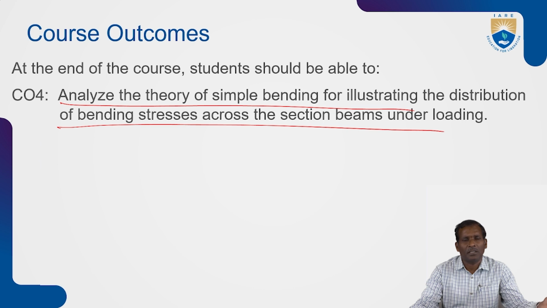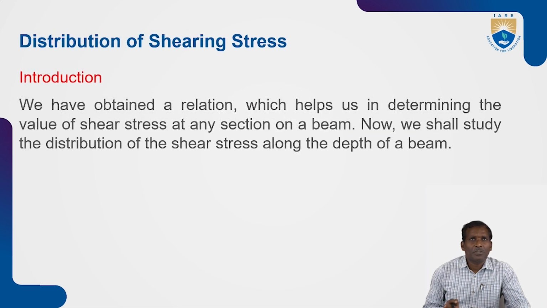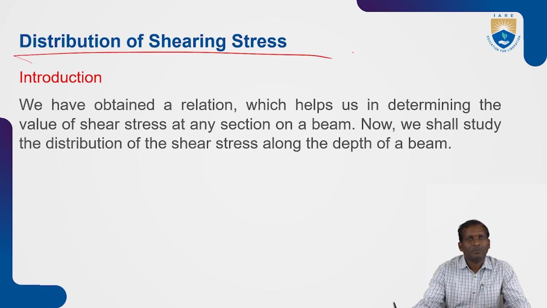Students can explain simple bending and the distribution of bending stresses across beam sections under loading. They should be able to answer on bending stress and shear stresses after completion of this module. So, distribution of shearing stress.